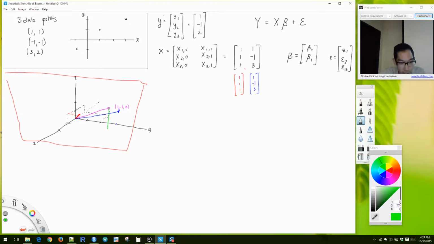I just made this up. I have no idea if this is even remotely geometrically accurate. Okay, it's probably not. It's completely wrong. I'm sure of it. Okay, so we're projecting this thing onto said plane.